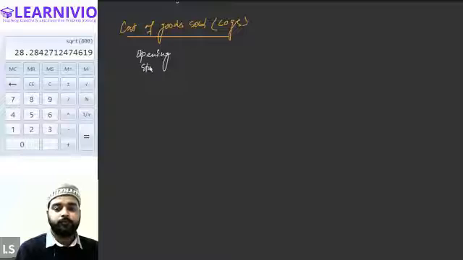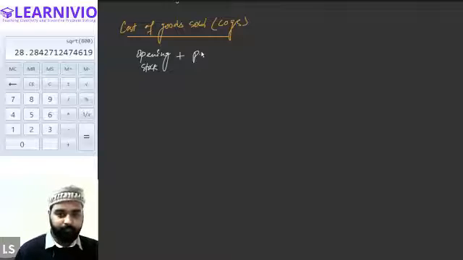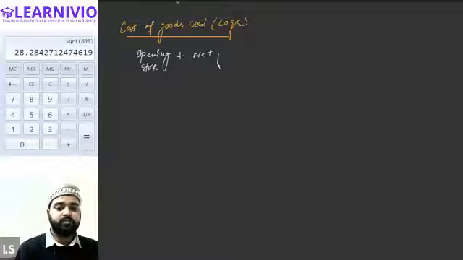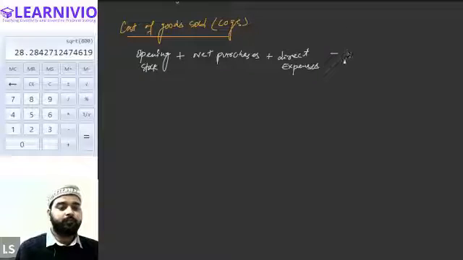To the opening stock, we add the value of the net purchases. Net purchases basically mean the value of purchases after adjusting the value of returns. Then we add all the direct expenses, and from this, we reduce the closing stock.